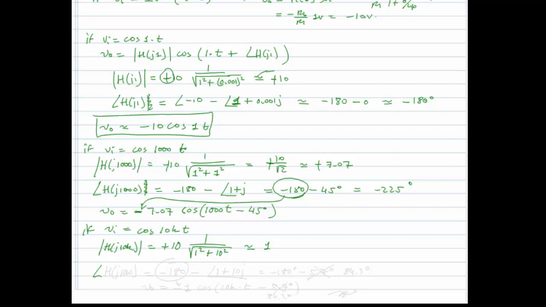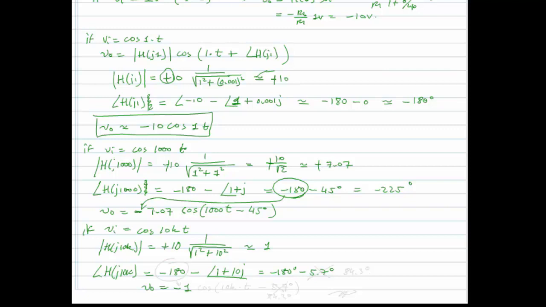And the angle of the transfer function is going to be equal to minus 180 minus the angle of 1 plus 10j. And that is equal to 5.7, minus 5.7 degrees. So we'd have Vo is equal to minus 1.